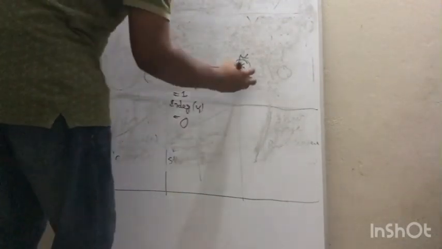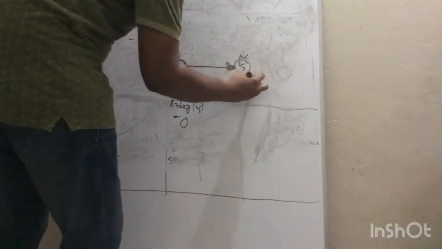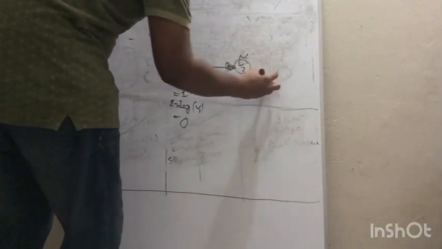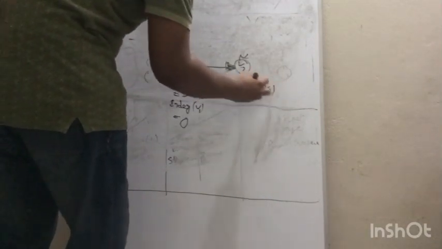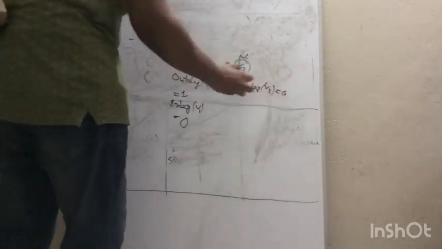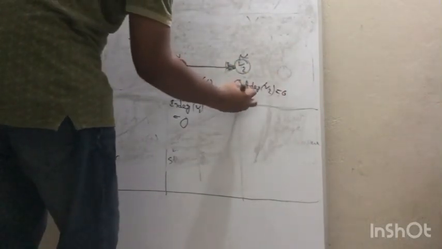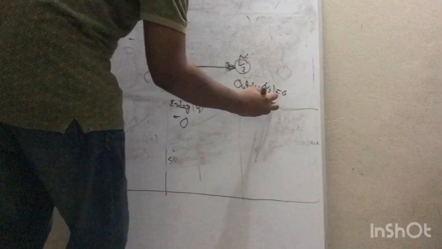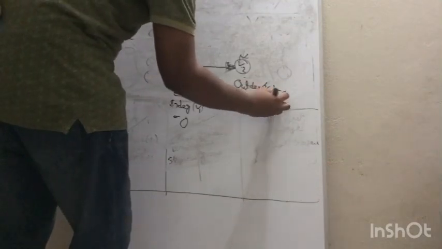For V2, the out degree of V2 equals 0, and the in degree of V2 equals 1.